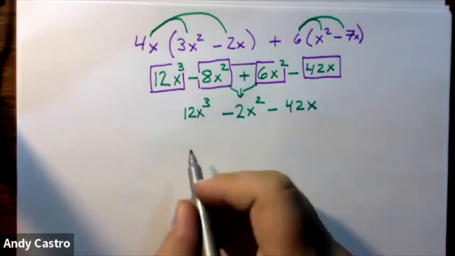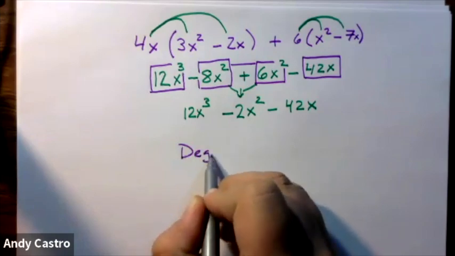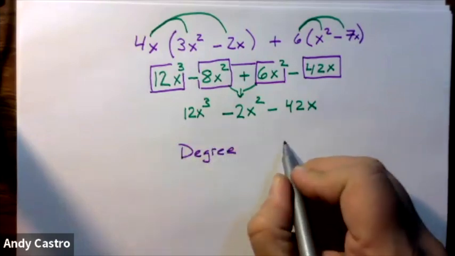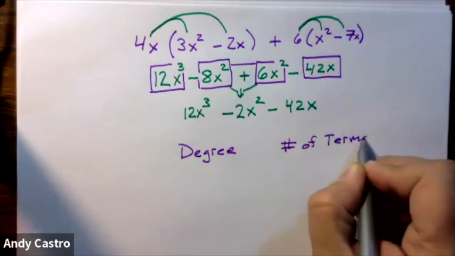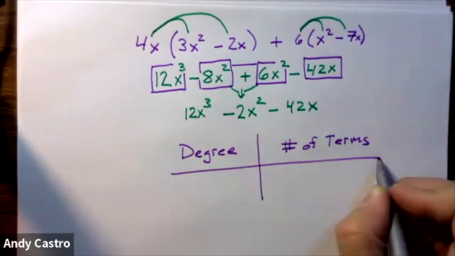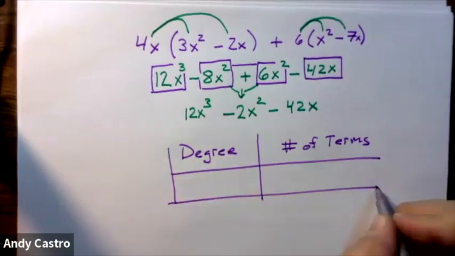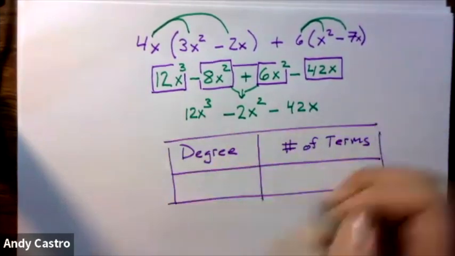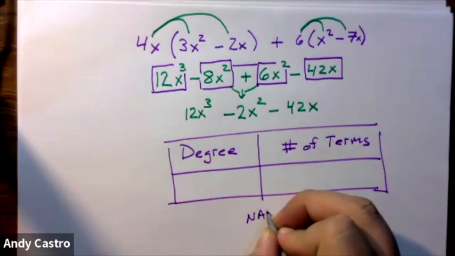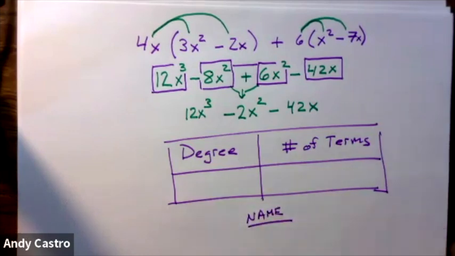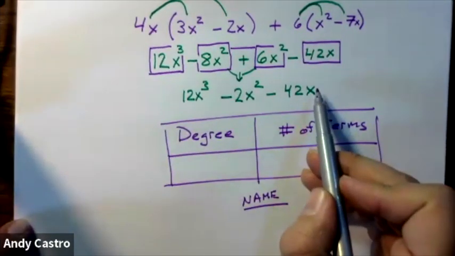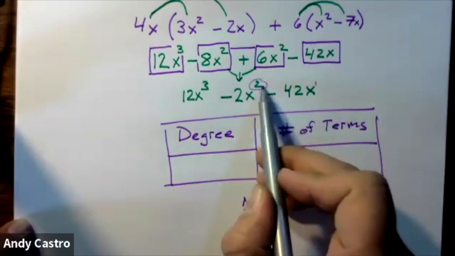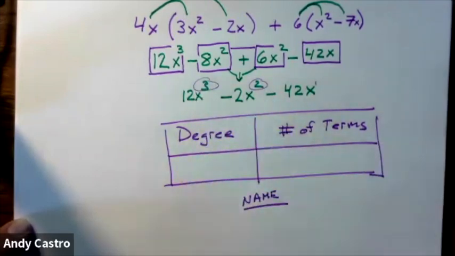So now I'm going to list the degree and the number of terms. Then I'm going to put the name right underneath. All right, so what is the degree? Well, if we look, we have a 1 here, a 2 here, and a 3 here. My highest is 3.